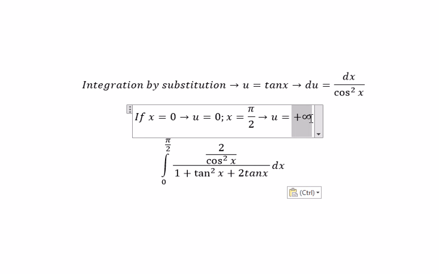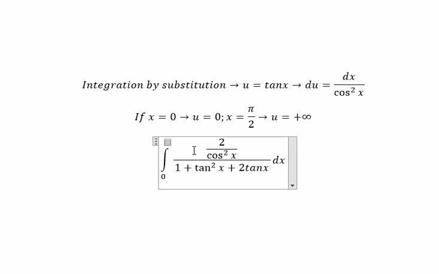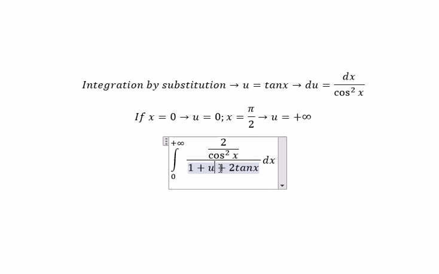So we put this one in here. And we get u squared. This one you get u. This one you get du.